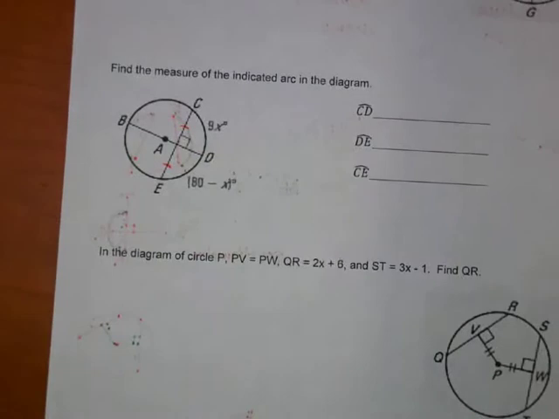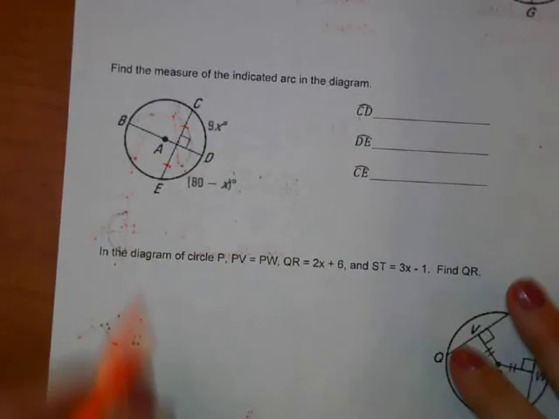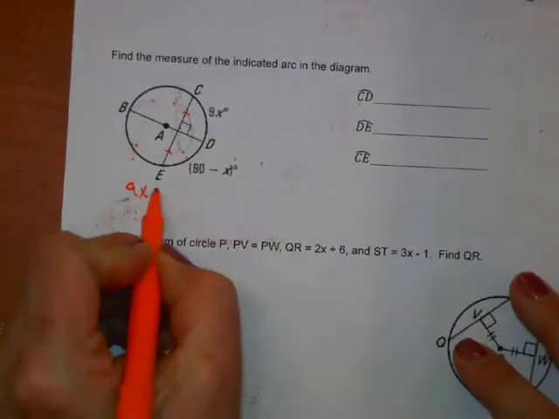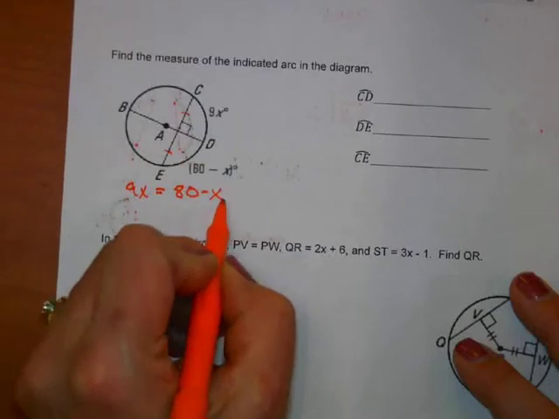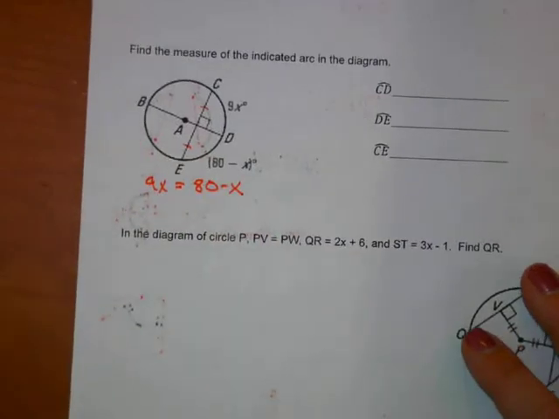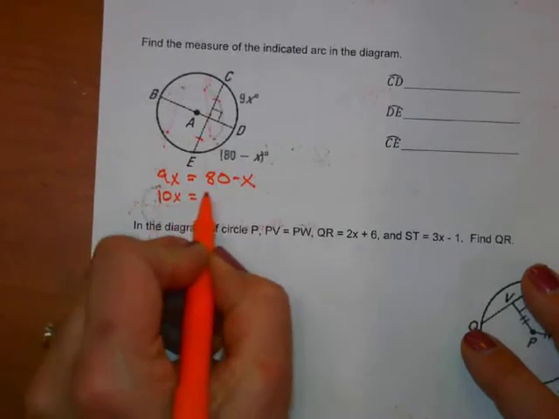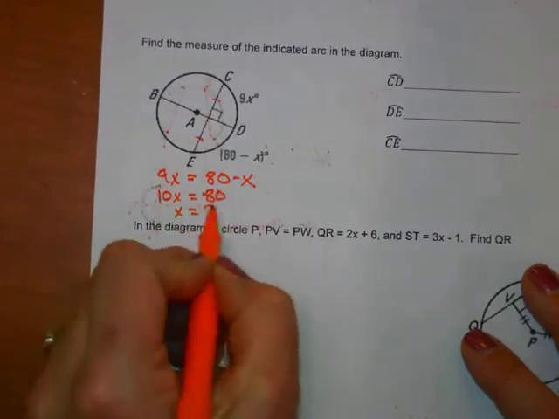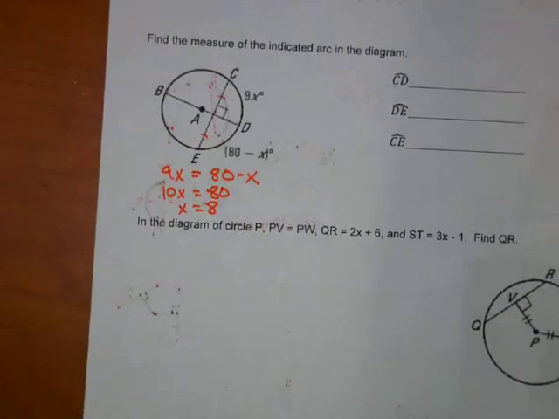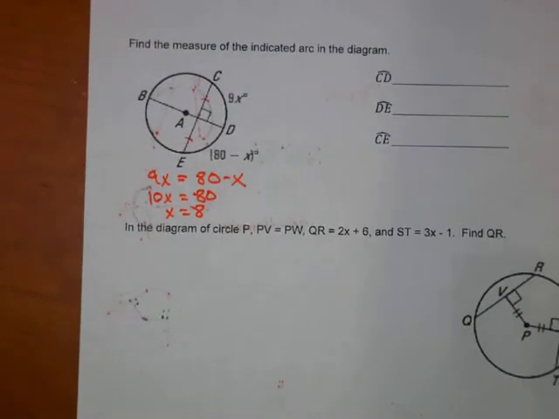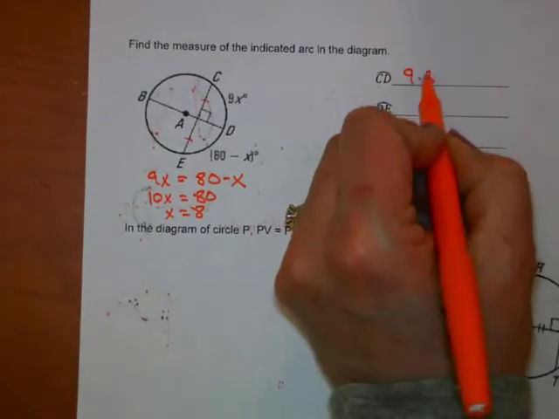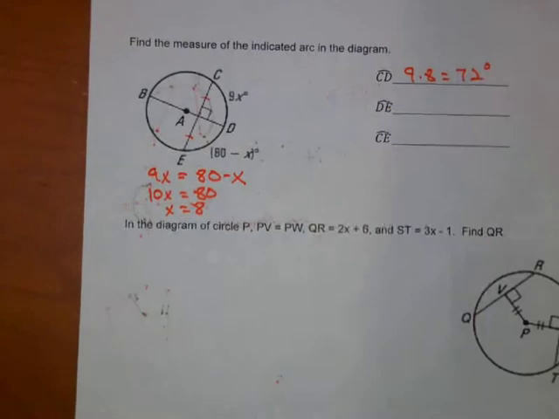So I can solve for x. 9x equals 80 minus x. Add x to both sides, and x equals 8. So what would CD be then? 9 times 8, which is 72 degrees.